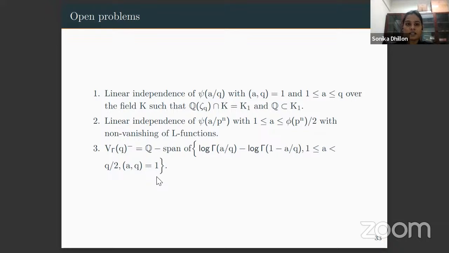So these three are open problems, and this negative subspace is comparatively much more important in that sense.